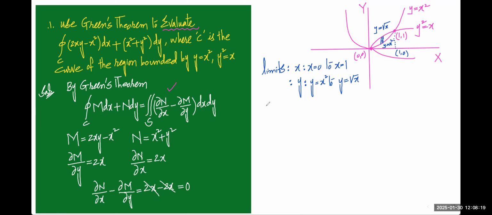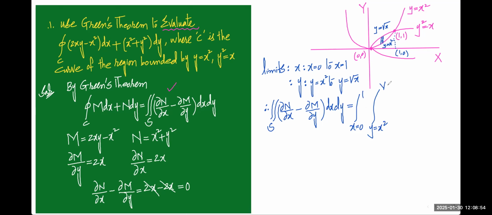Therefore, the double integration of (dou n by dou x minus dou m by dou y) dx dy is equal to: x limits are from 0 to 1, y limits are from x square to x.